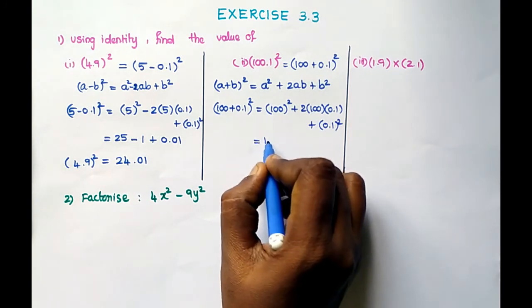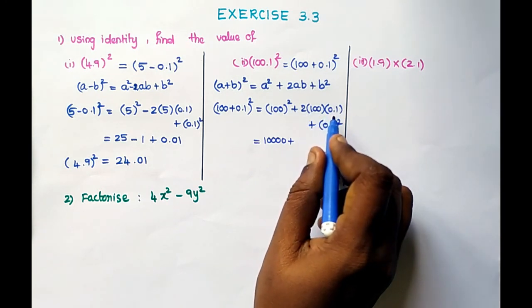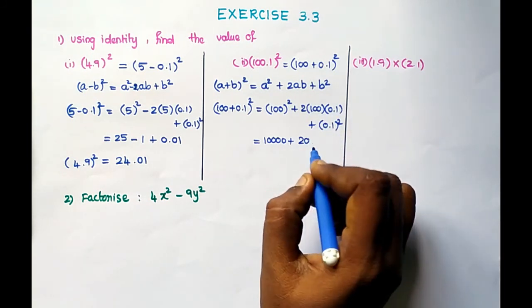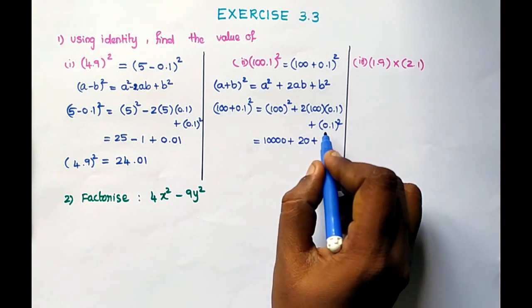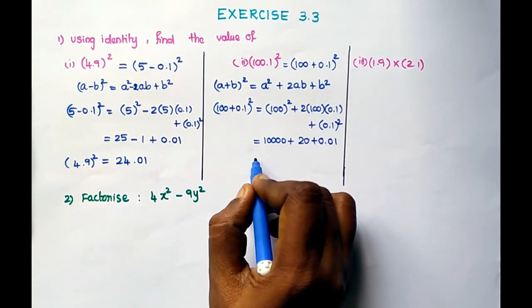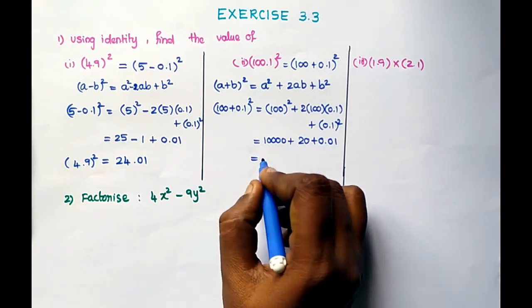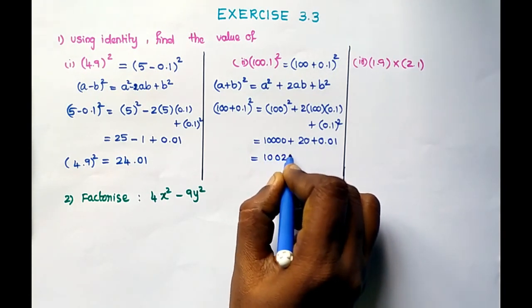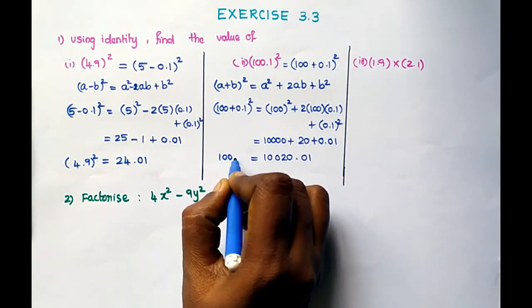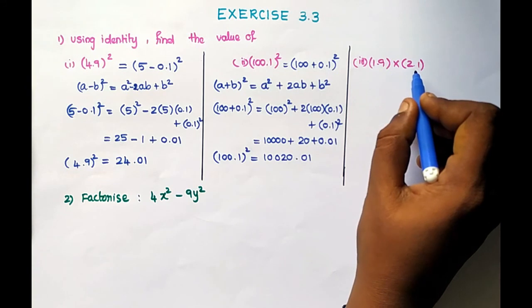Now 100 square means 10,000, plus 2 into 100 is 200, 200 into 0.1 is 20, plus 0.1 whole square, that is 0.01. So 10,020.01. That is the answer for 100.1 whole square.